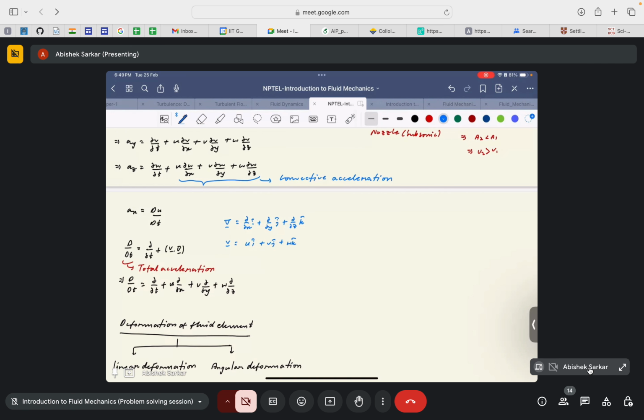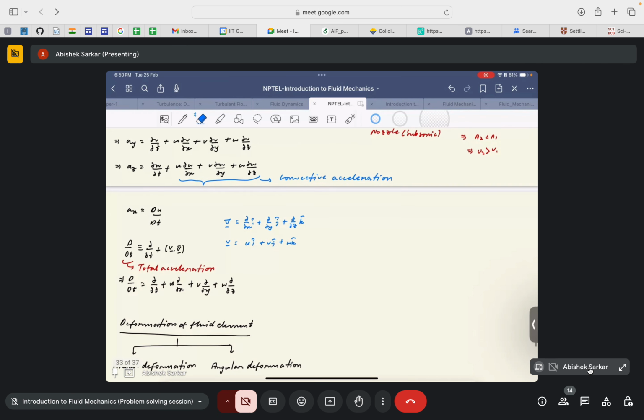So this is the dot product between these two vectors. This is again an operator. So ideally, instead of writing equal to, I should write equivalent.